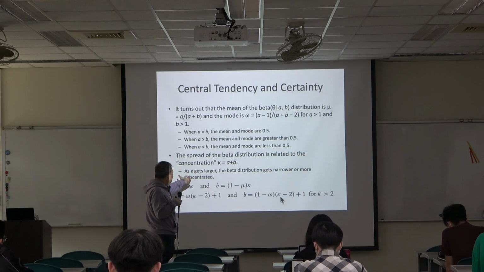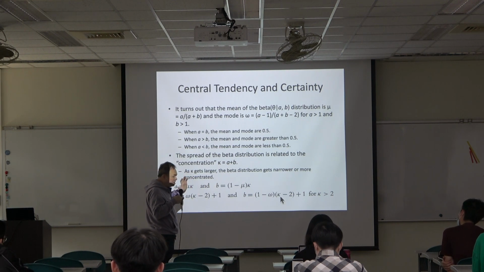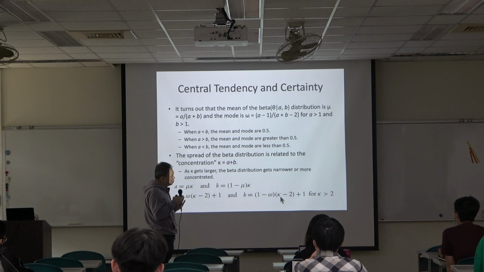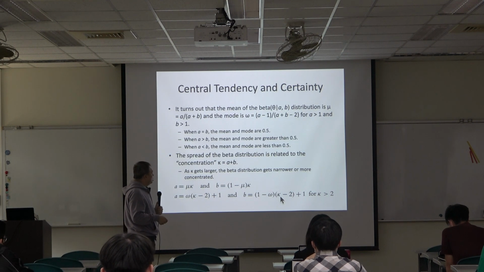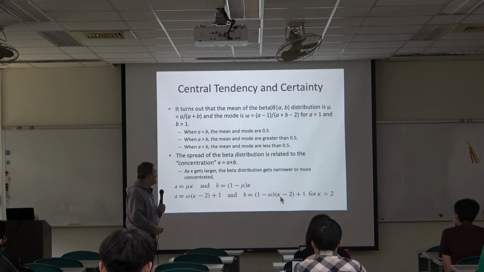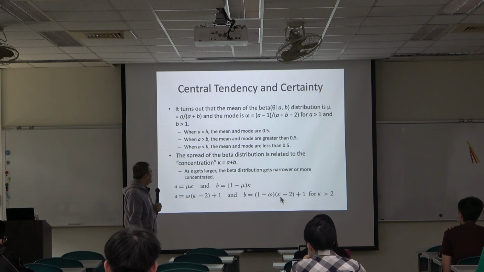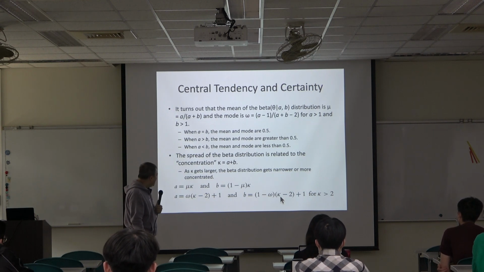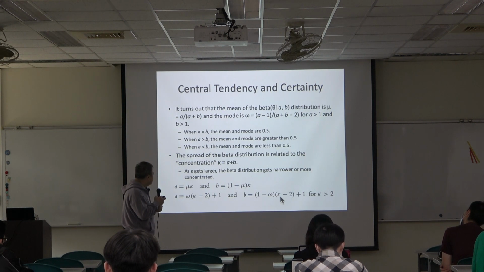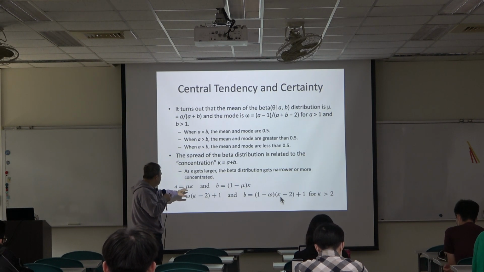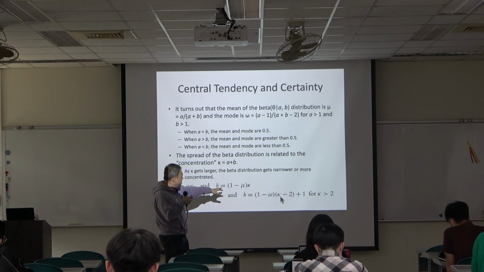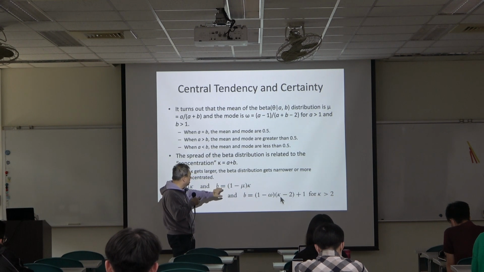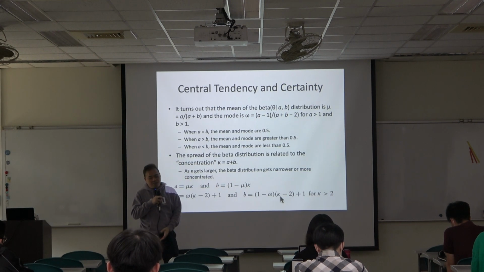As kappa gets larger, the beta distribution will be more concentrated toward the center. When you have mu and kappa, you can get your A and B values. A will be mu times kappa, and B will be 1 minus mu times kappa. So this is the case when you have mu and kappa.